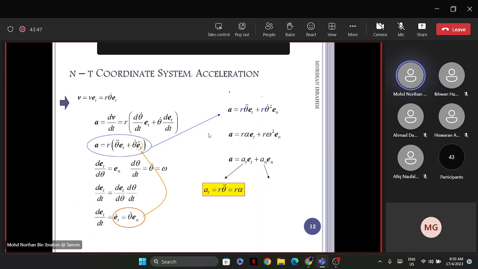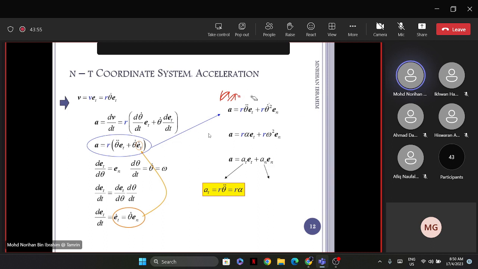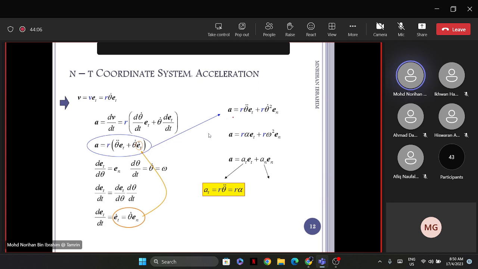We can also write it down as A is equal to R theta double dot UT plus R theta dot square UN.